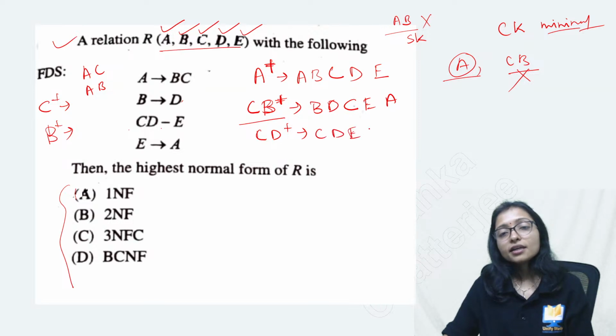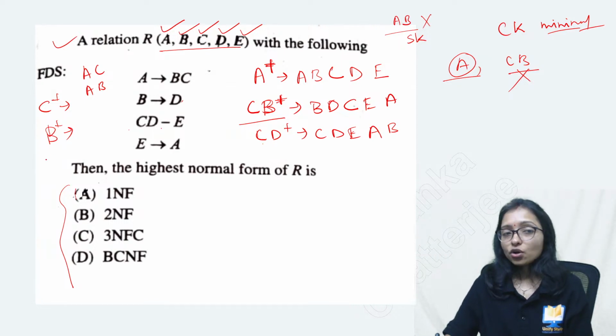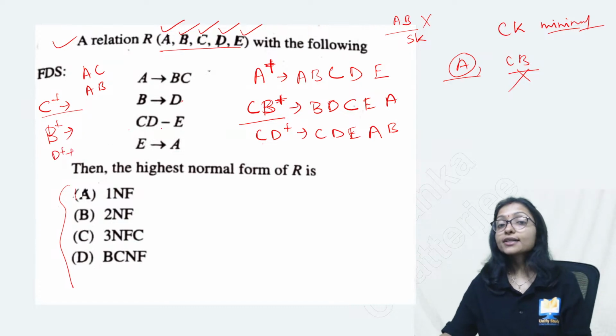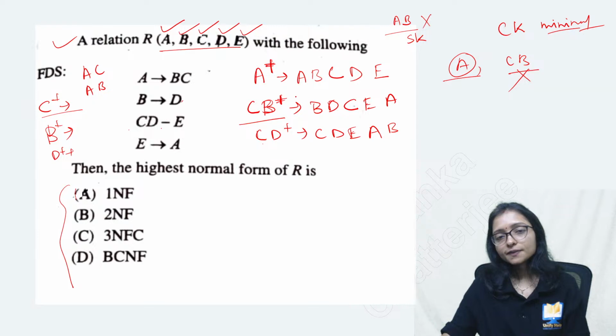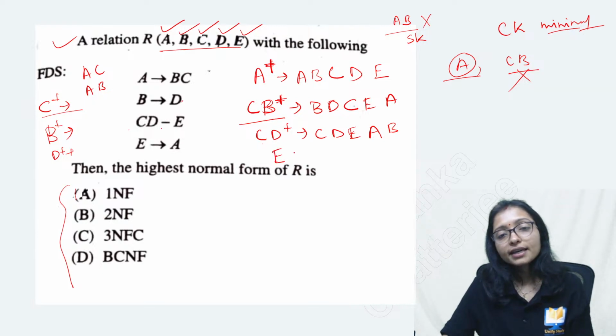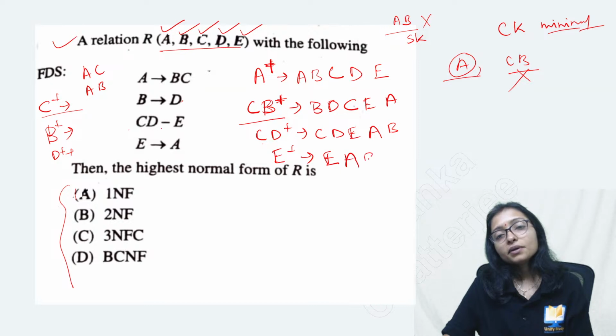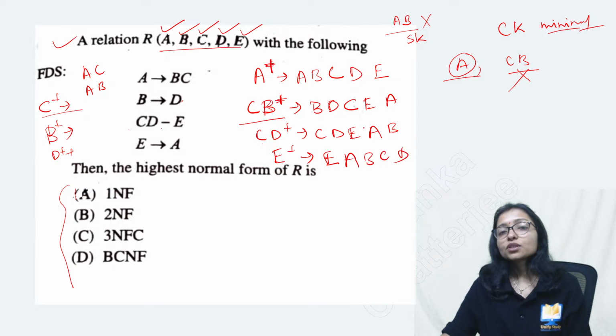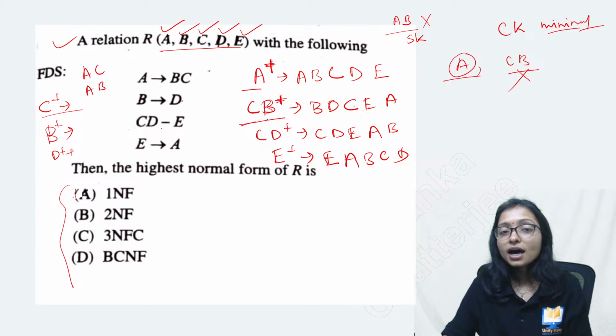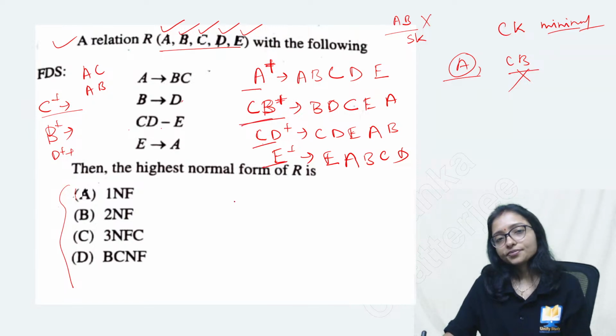C, D, E, A, B all are coming. Only C is not able to do it. Only D also not able to do it. That's why CD is also a candidate key. E is definitely a candidate key. E, A, B, C, D. So ultimately these all are candidate keys.